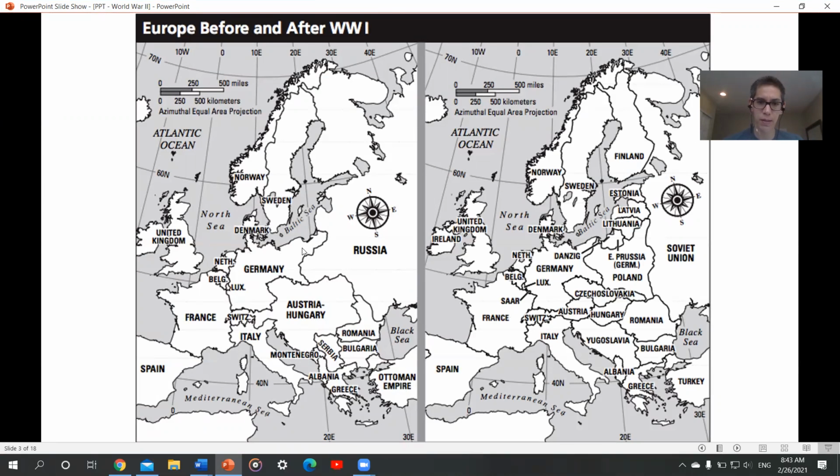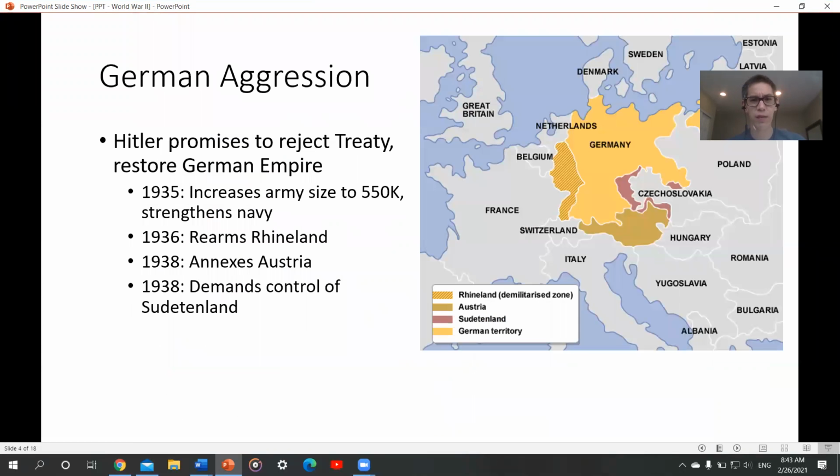They lost this piece up here to Poland, this piece over here to France, some pieces down here, I believe, and this piece right here to Czechoslovakia. And so Hitler is eager to reclaim some of that land that he thought was stolen from him by the Treaty of Versailles.